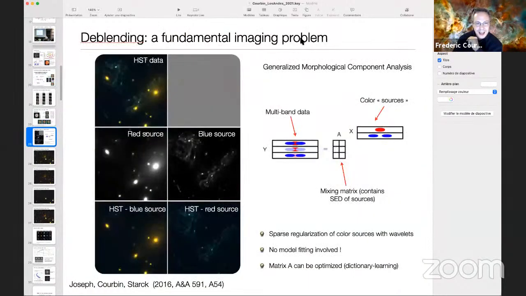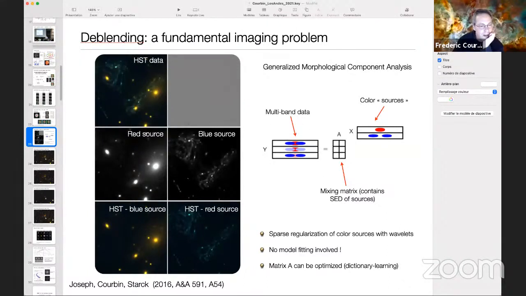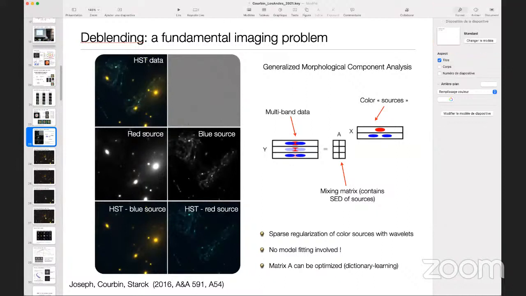Okay, I don't know if this explains it. Okay, just one small follow-up question. It works so far mostly on HST data, right? Well, it has been used on ground-based data as well. Okay, so as long as you have the multiband images to create the mixing matrix.